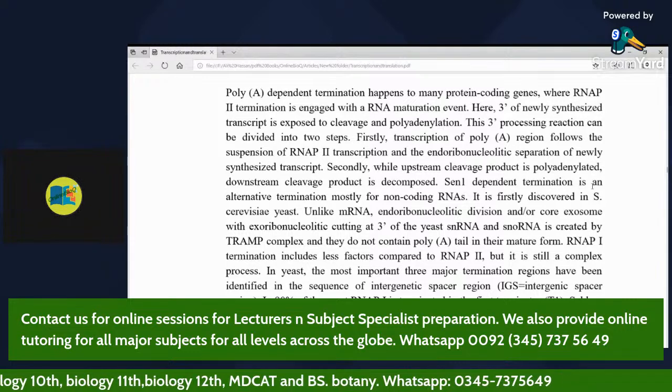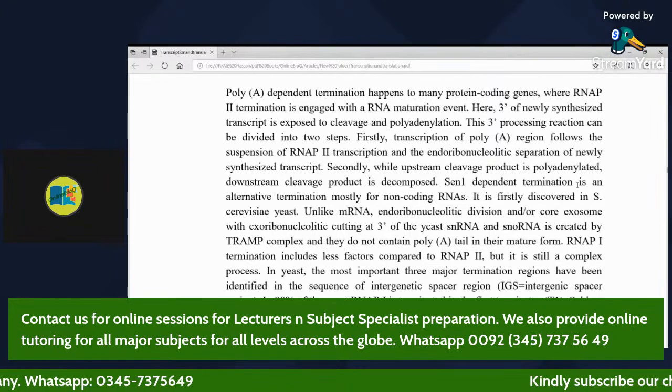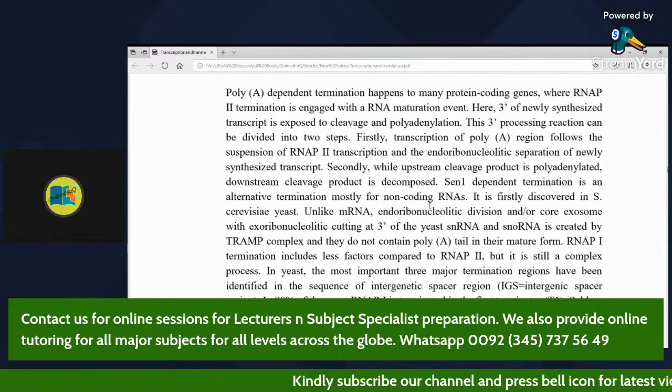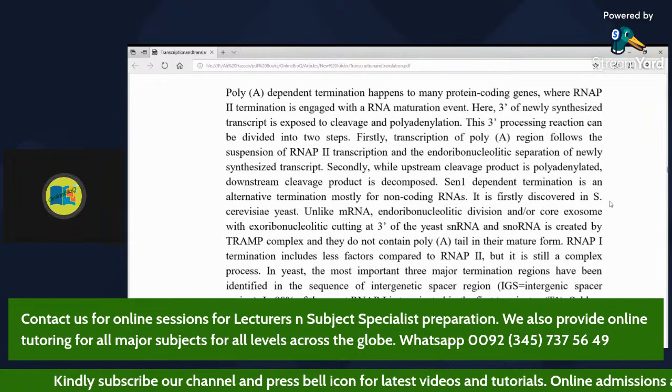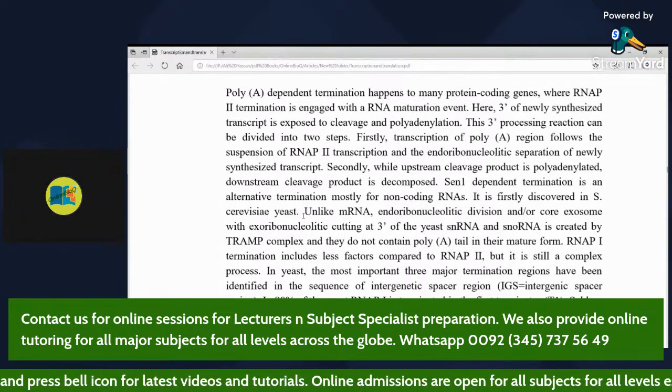SEN1 dependent termination is an alternative termination, but it is mostly for non-coding RNAs. It was first discovered in Saccharomyces cerevisiae yeast.